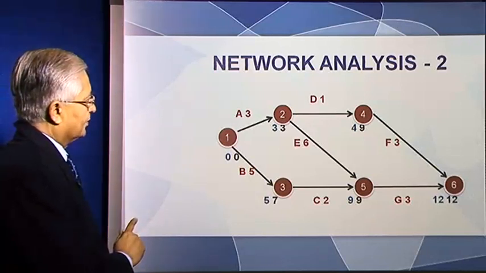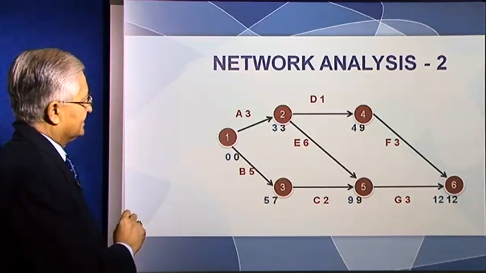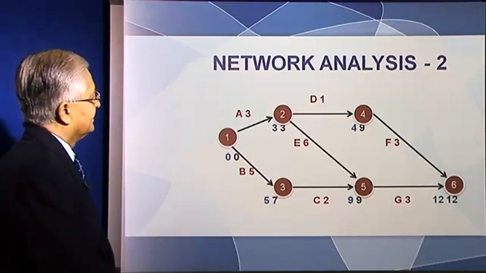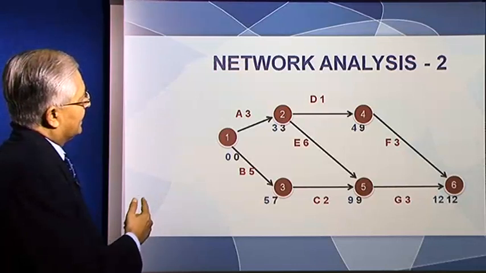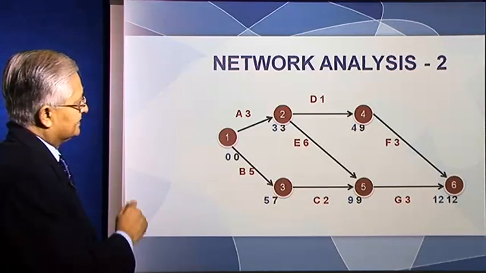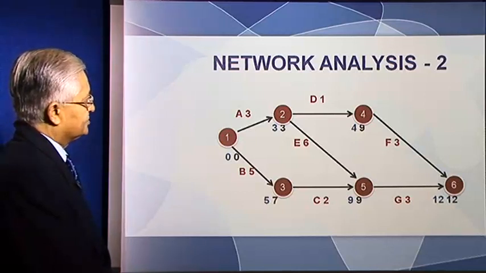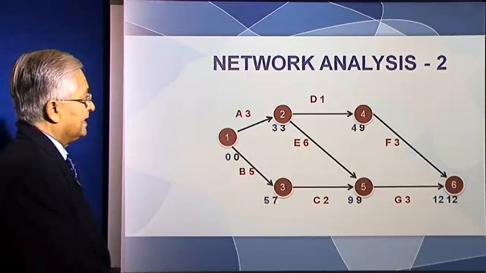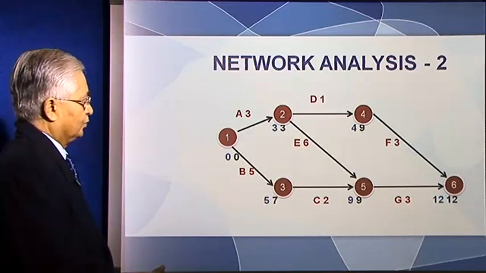The blue 0 is when the activity A starts. At circle 2 you have the blue 3, which shows when activity A ends and when we reach circle 2.